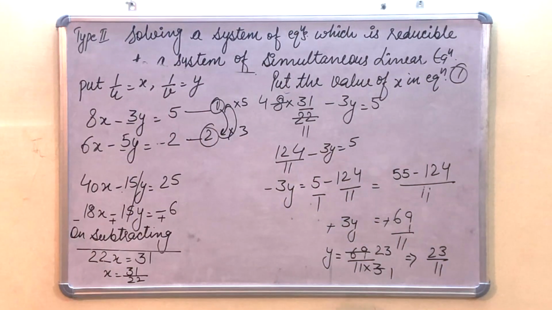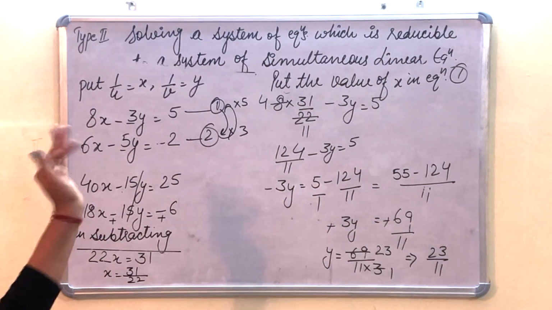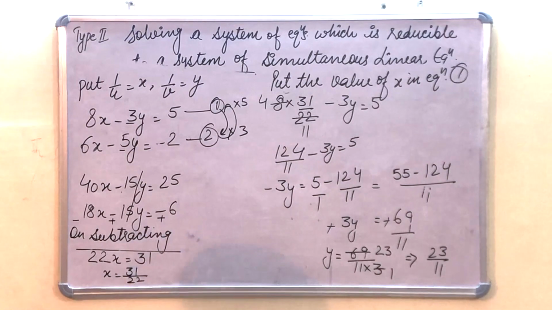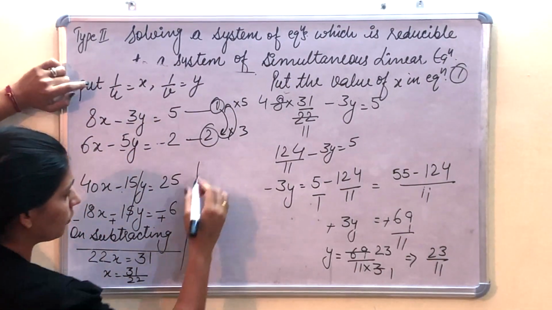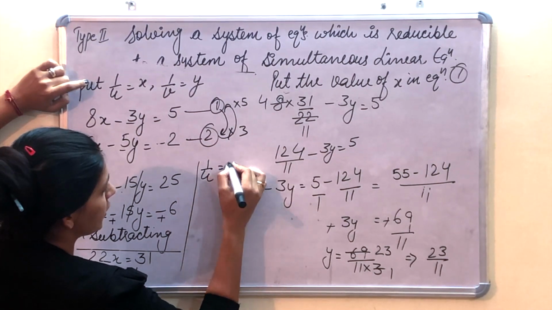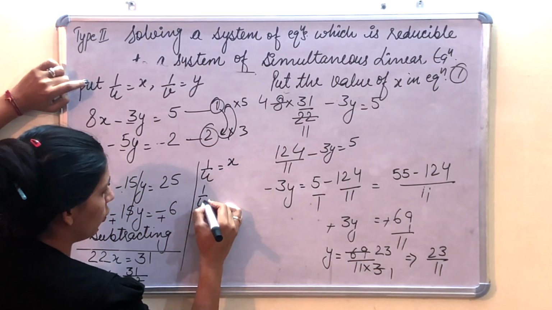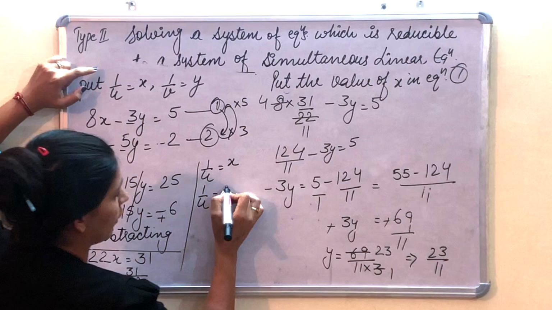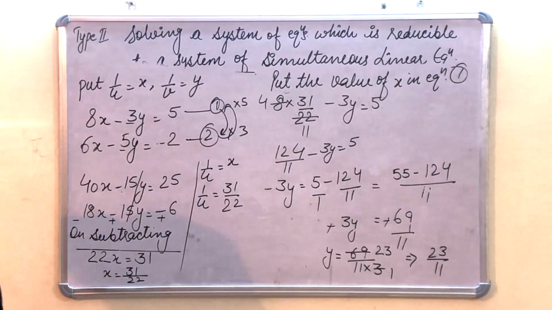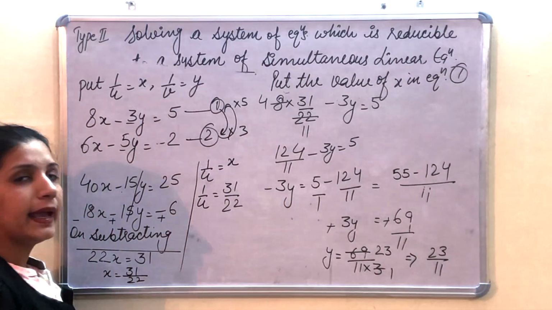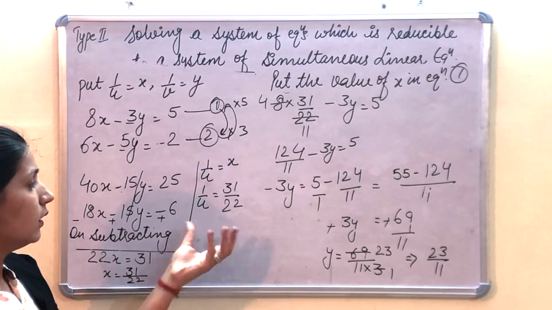So these are the values of x and y, but we have to find the values of u and v. So 1 by u is equal to x. 1 by u, value of x, it is 31 by 22. Here one way, by cross multiply, and second, the reciprocal of both sides.